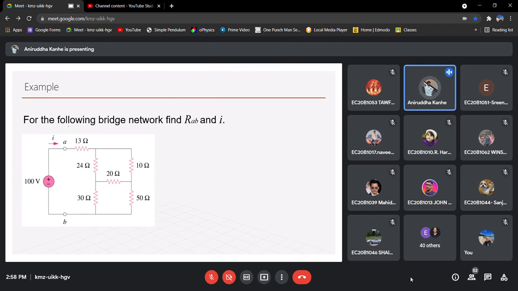Now this bridge circuit, I hope you have already studied bridge circuits also. In this, we can see the voltage division also. Let us try to bring in the voltage division rule.